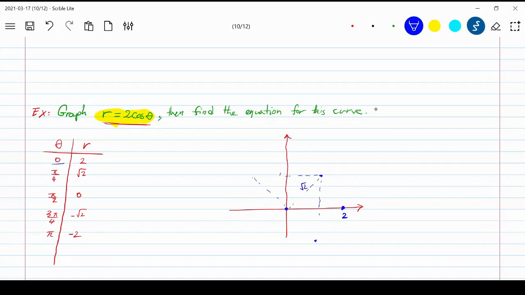Let me number them 1, 2, 3, 4; these are what we got in order. And the fifth one, at angle pi, we have negative 2, exactly coming back to this point.